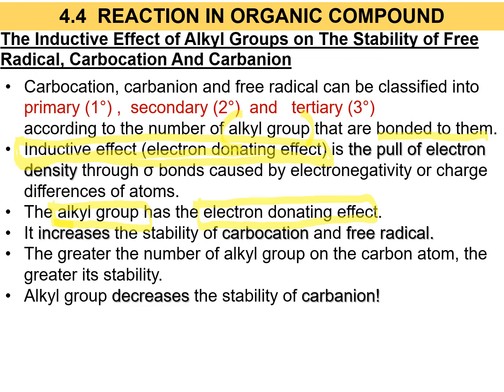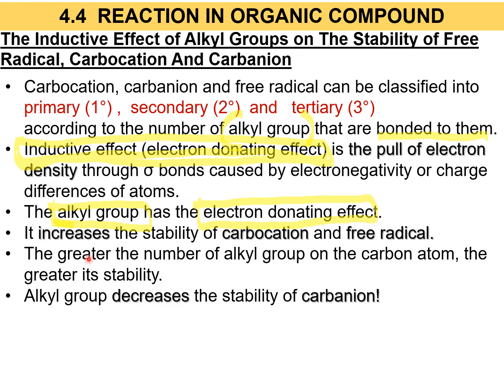Nak bagi tahu kat sini, kalau let's say you letak let's say this reaction intermediates for carbocation dengan free radical, lagi banyak alkyl group, lagi banyak number of carbon atoms yang attach pada carbocation dengan free radical, dia akan jadi lagi stable. Okay, sebab carbocation dengan free radical dia suka electron donating effect.